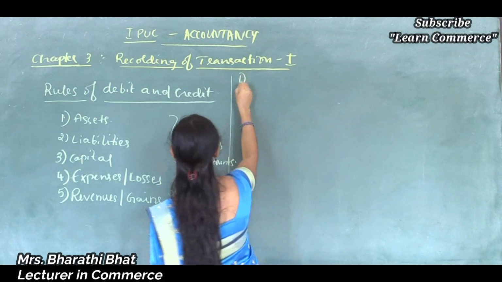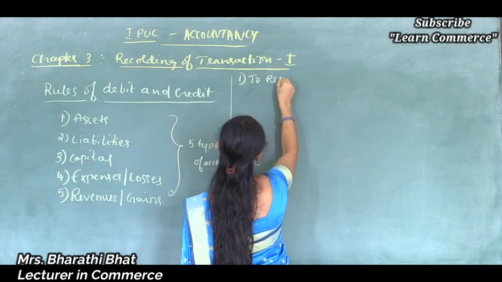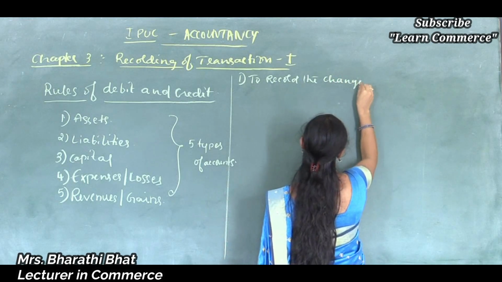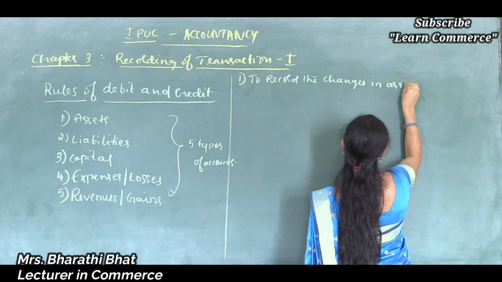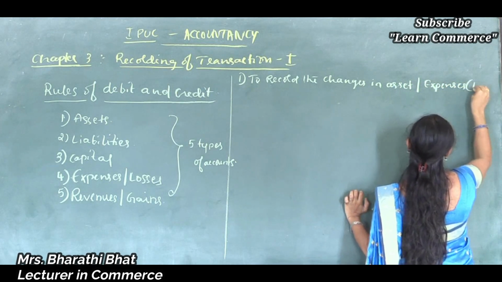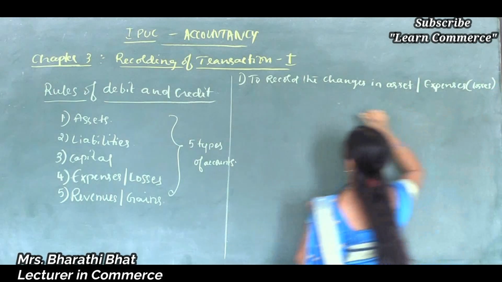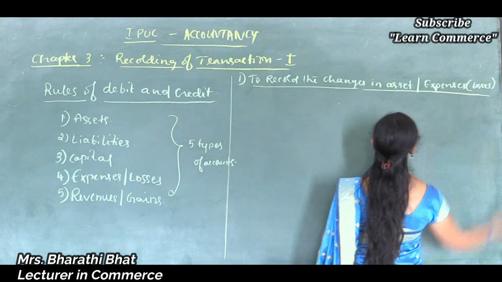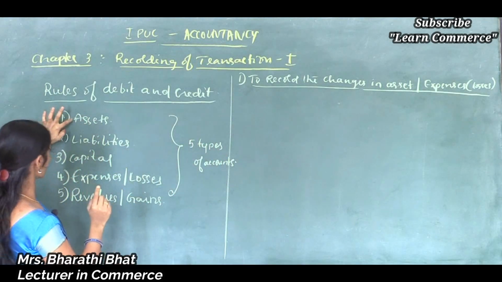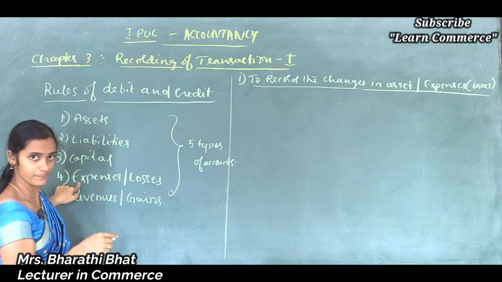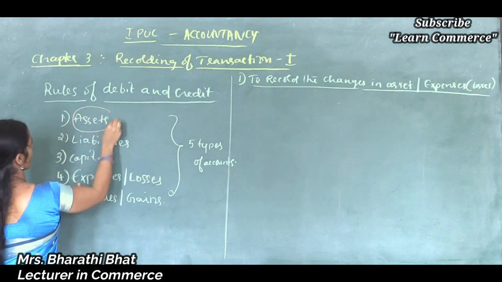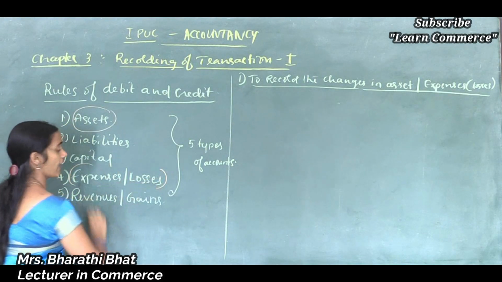The first rule is to record the changes in assets or expenses, which are also called losses. The rule to record assets and expenses is the same.